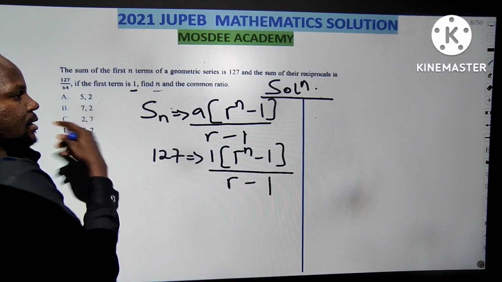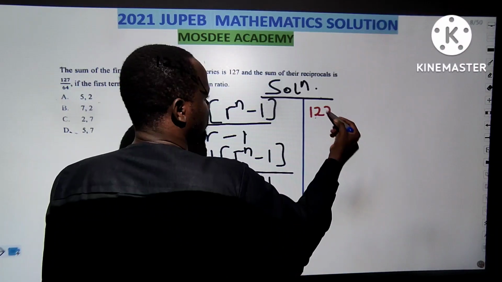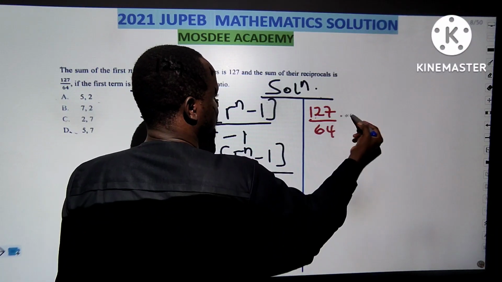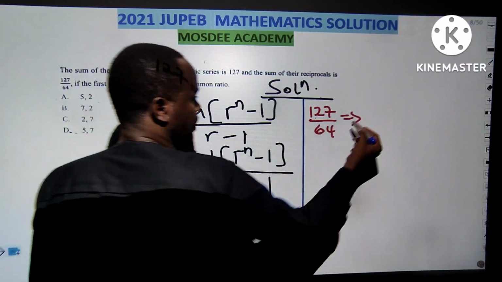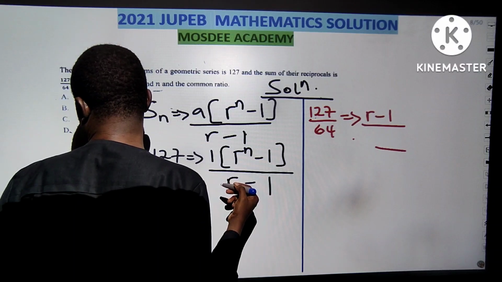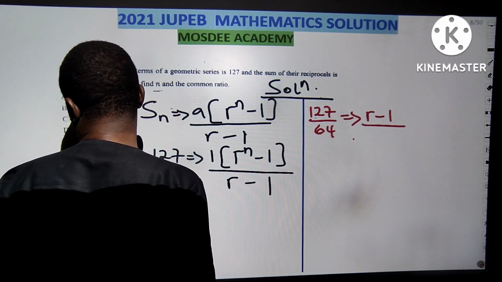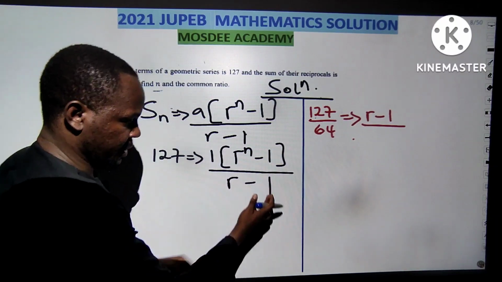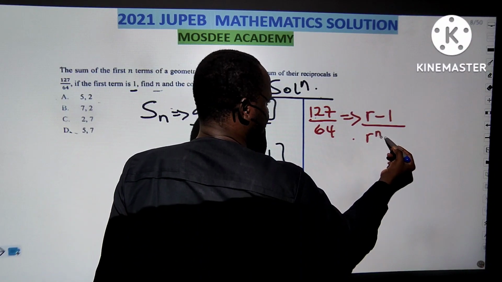The sum of the reciprocal is 127 over 64, which equals the reciprocal of this one, R minus 1 over R raised to power n minus 1. 1 times anything will remain.